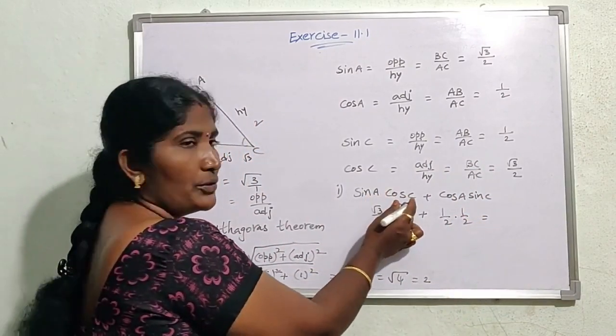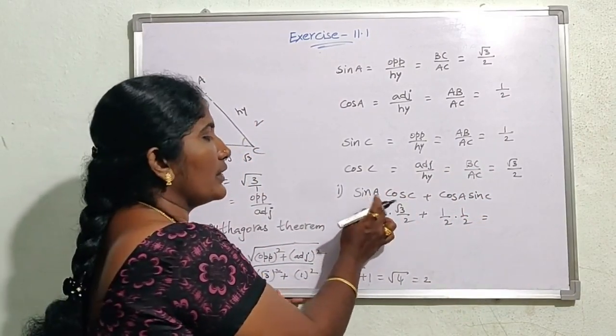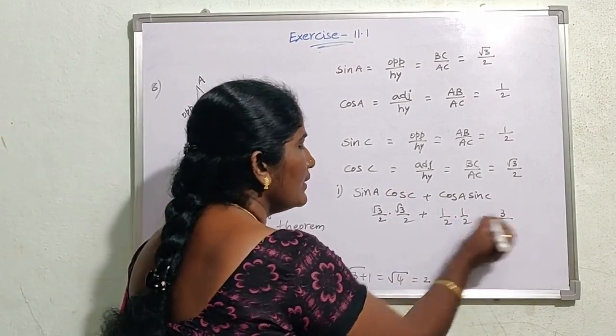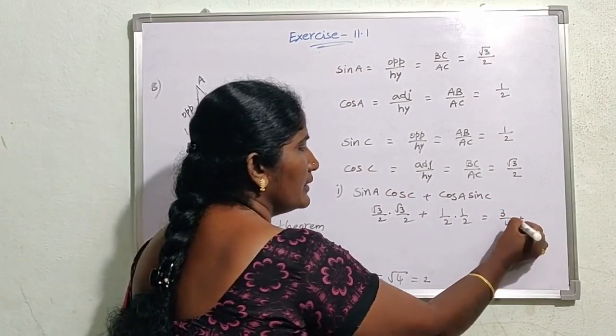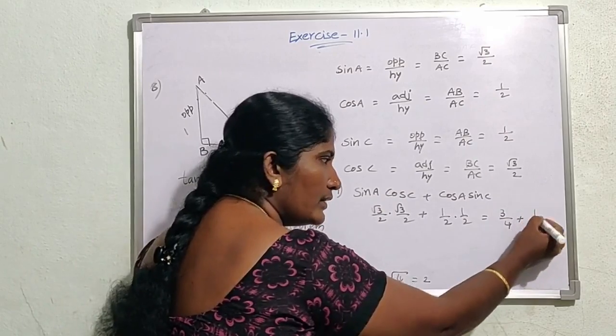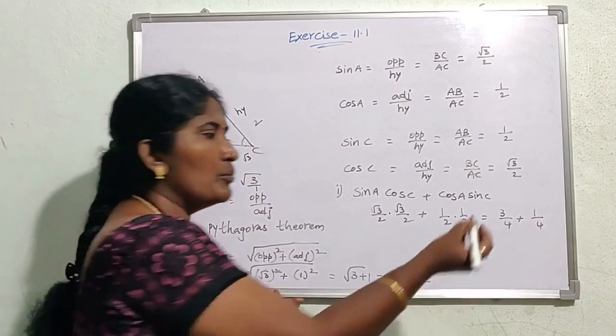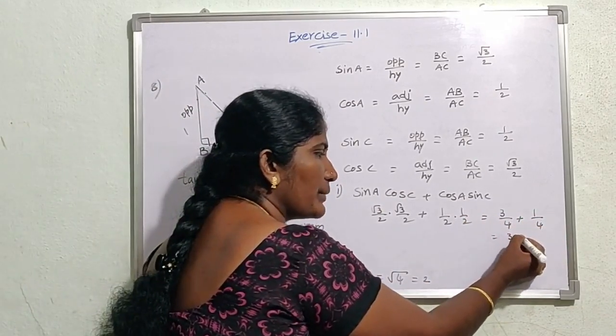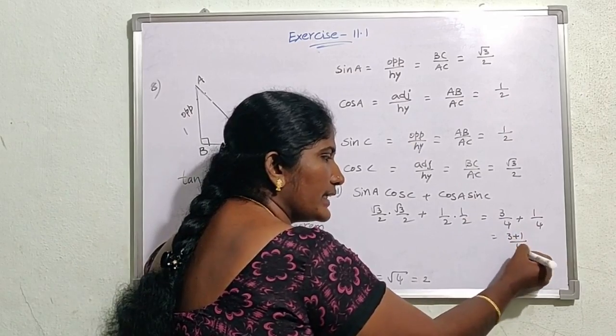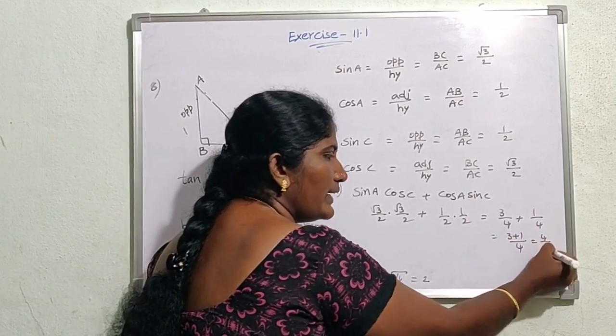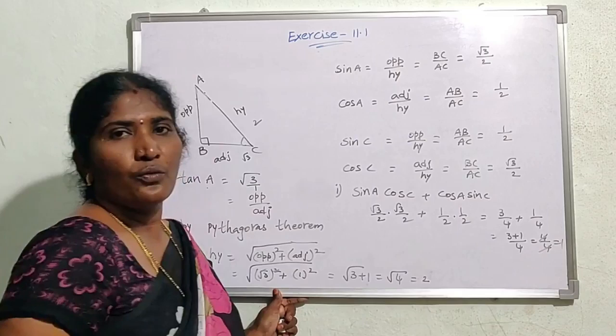Multiply numerator into numerator, denominator into denominator. Root 3 into root 3 becomes 3. 2 2s 4 plus 1 1s 1. 2 2s 4. Both are like fractions. Add numerators. 3 plus 1 by single denominator 4. 4 by 4. 4 4 get cancelled. 1.